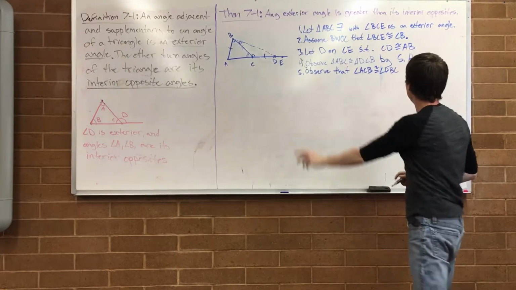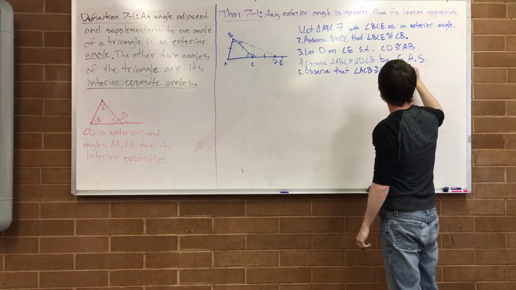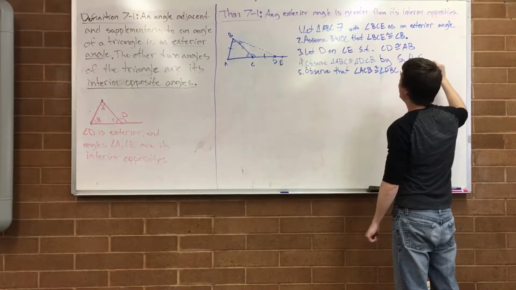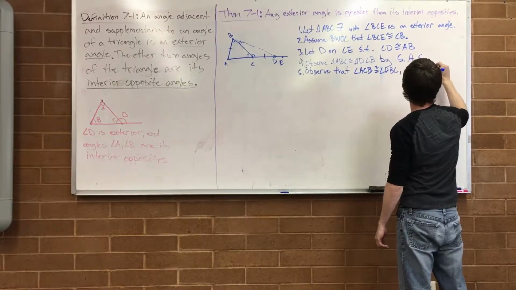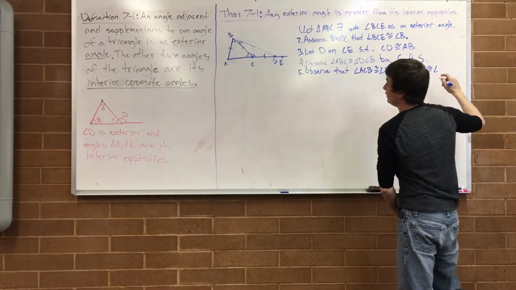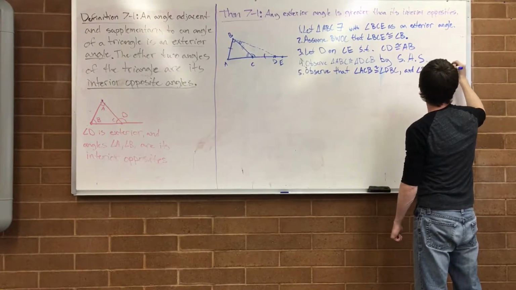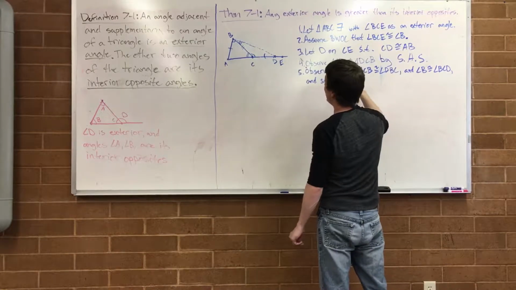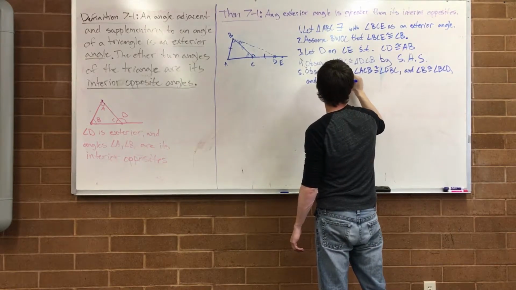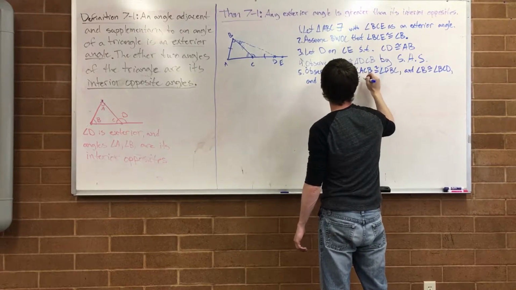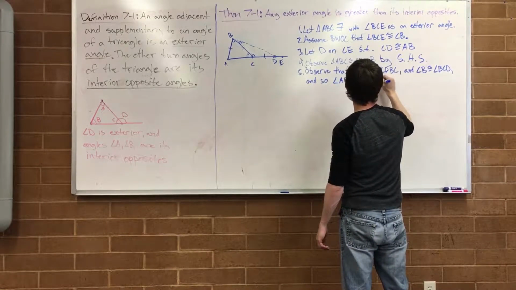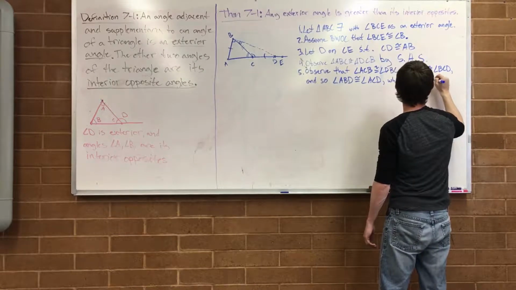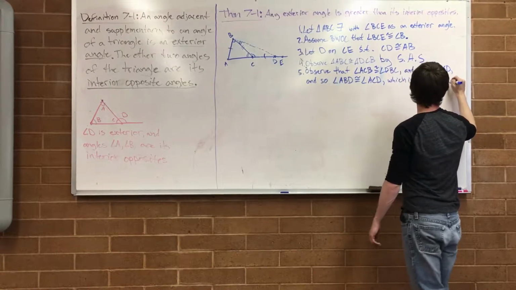Okay? So observe that that angle is congruent to that angle, and angle B is congruent to angle BCD, and so angle ABD is congruent to angle ACD, which is a straight angle.